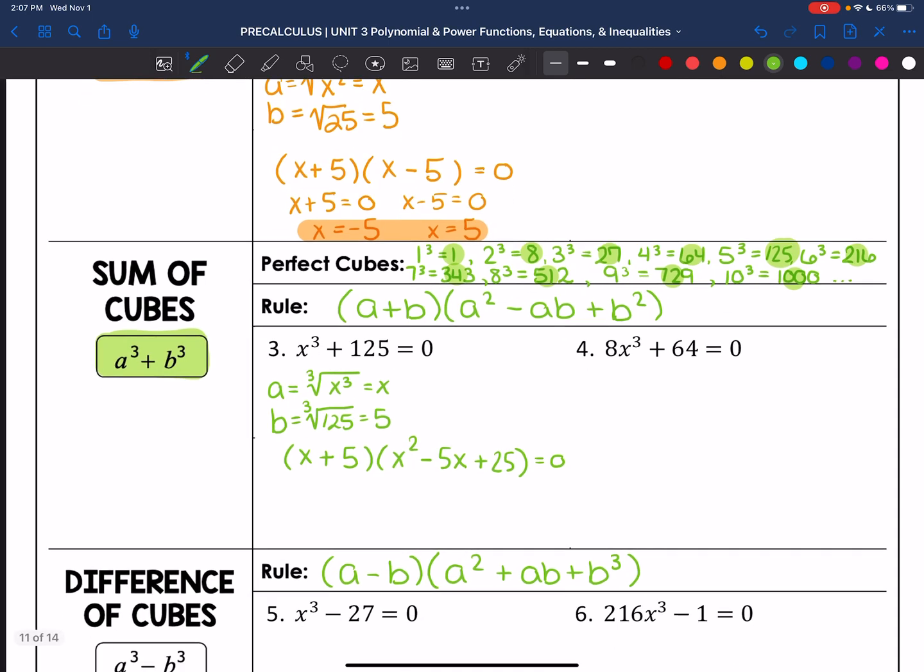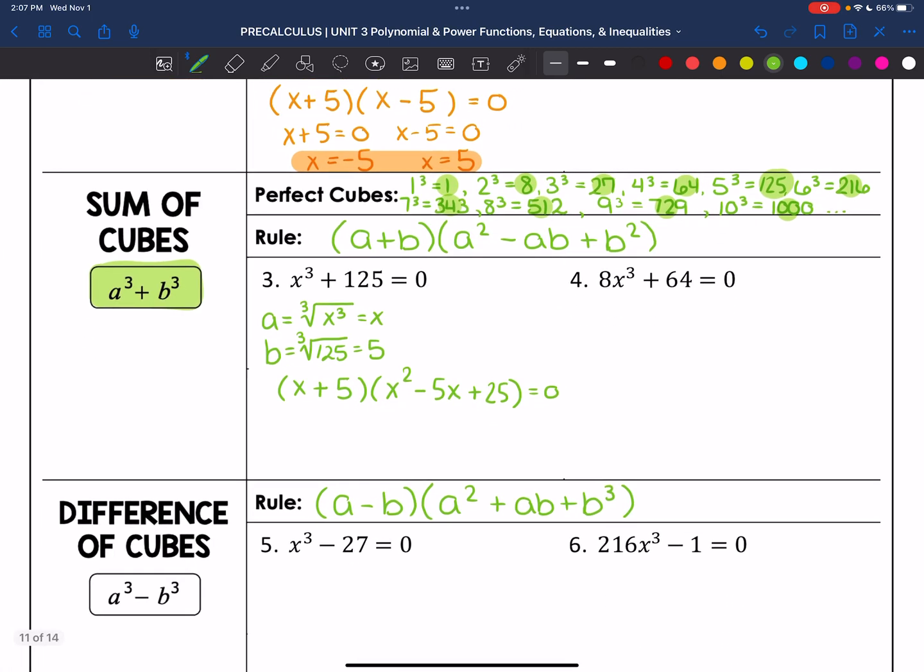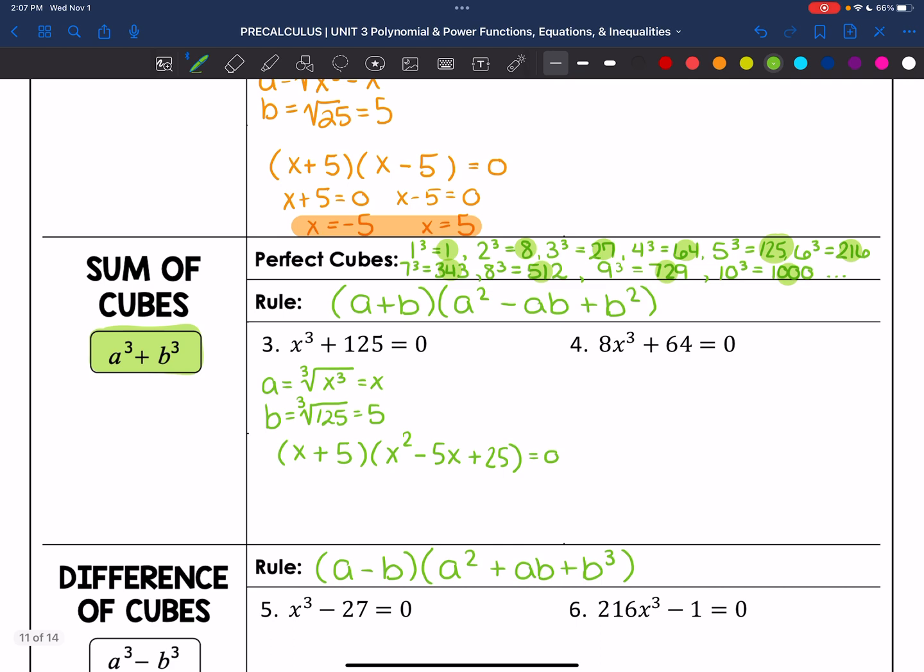Okay, now we continue like we did previously. We'll use our zero product property, setting each of these equal to 0, and we will solve. I didn't need to put that in parentheses.